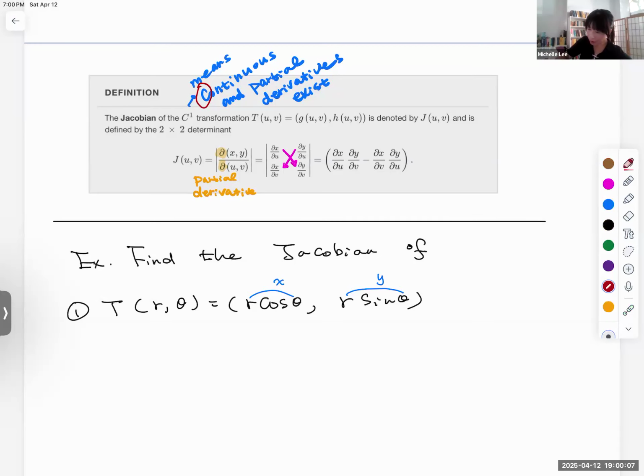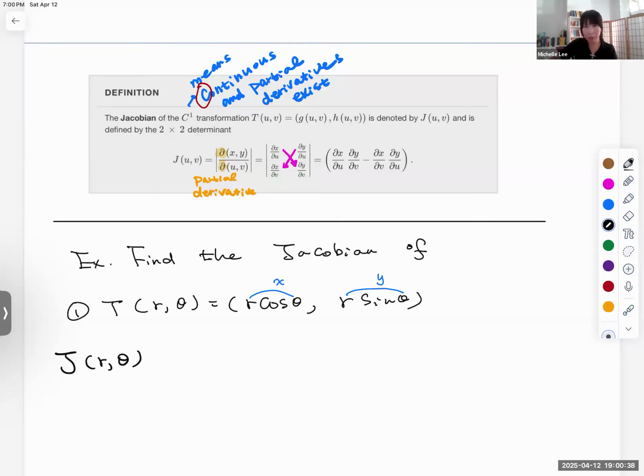Okay, so we have the Jacobian of r, theta, using the same input here. Look, they have u, v as input, so they use the partial derivative with respect to u and then the partial derivative with respect to v.